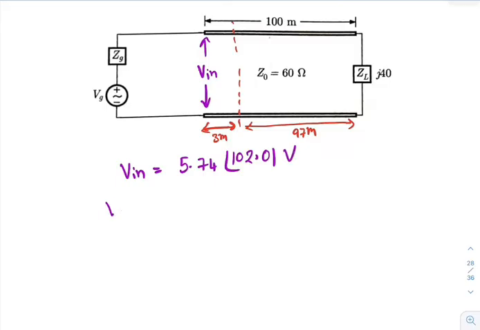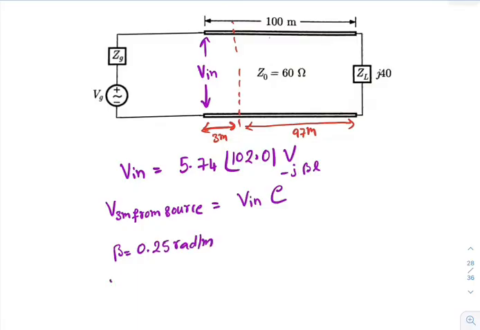Now, we need voltage at 3 meters from the source, that is equal to input voltage into e power minus j times beta L. Beta value is equal to 0.25 radians per meter and L value is 3 meters.